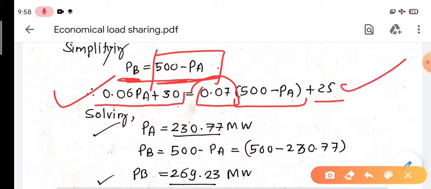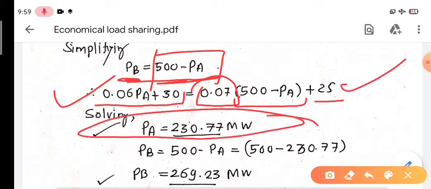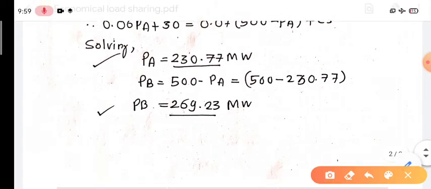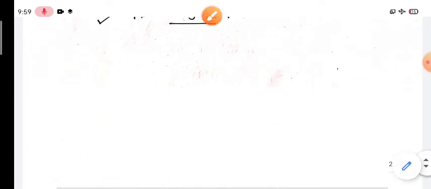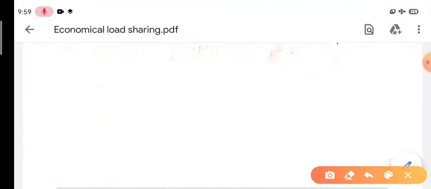On solving this, we will get power output of plant A equals 230.77 megawatt. By putting the value of power output of power plant A, we can get PB equals 500 minus PA, which will be 269.23 megawatt.